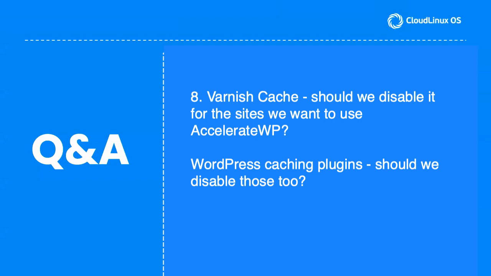Yeah, it will show you that our solution is incompatible with Varnish Cache, and you have to disable it before using it. Right. So if you wanted to use Accelerate WordPress, you would need to disable those before any modules of Accelerate WordPress would be advised to your users.